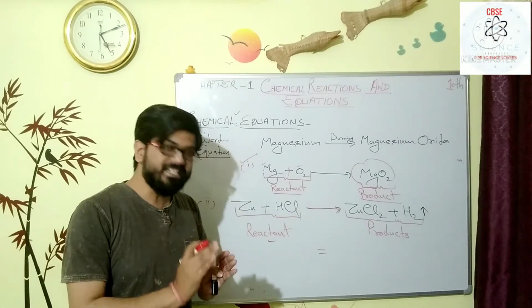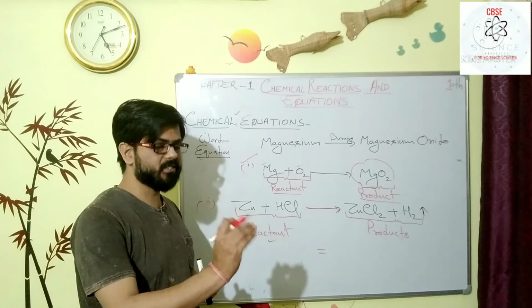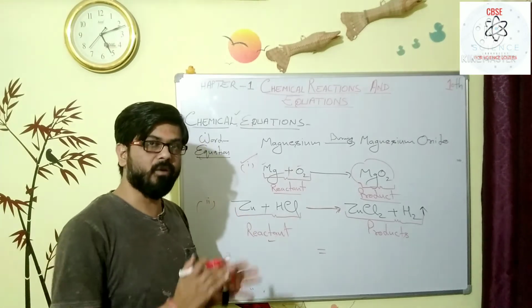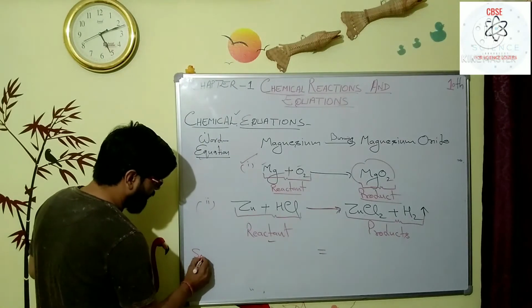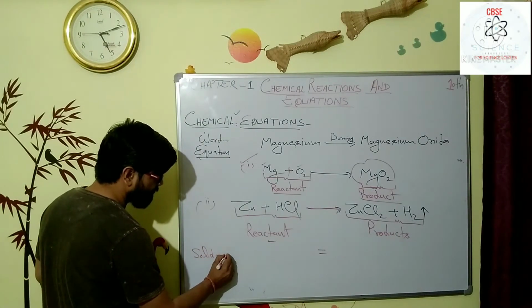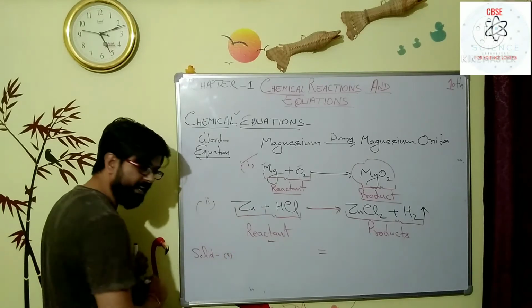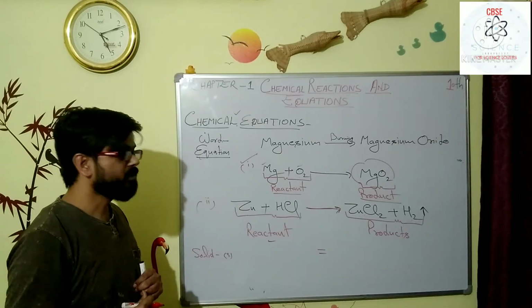To make chemical equations more effective, we also represent the physical states of the reactants as well as products in the form of symbols. For example, for the solid phase, we show it like that with a subscript.